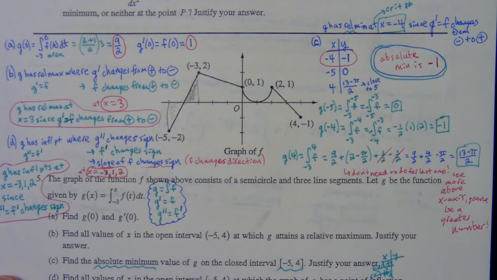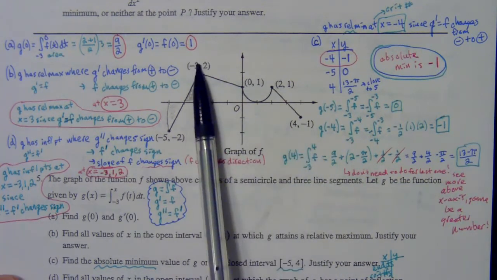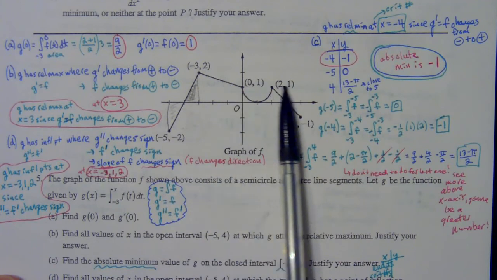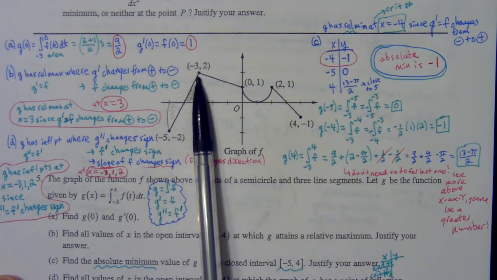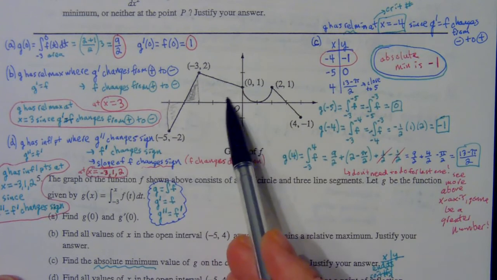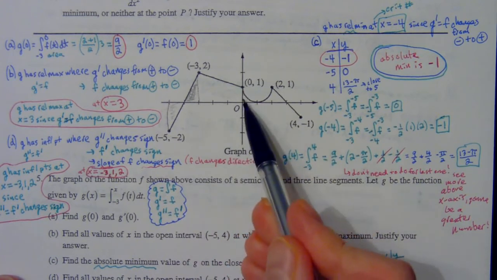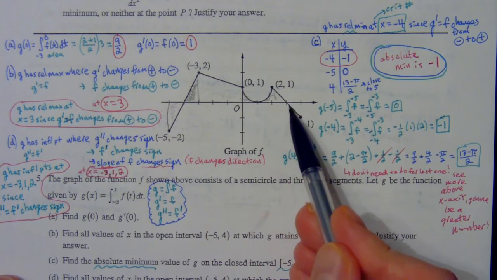All right, when you plug in the 4, you're doing the integral between -3 and 4, all right? So you're starting here and you're going all the way that way. Now if you think about it, when you integrate, if you just look at that area between -3 and 4, you're talking this whole trapezoid here. You're talking these regions here, and then these two triangles are going to cancel each other out.